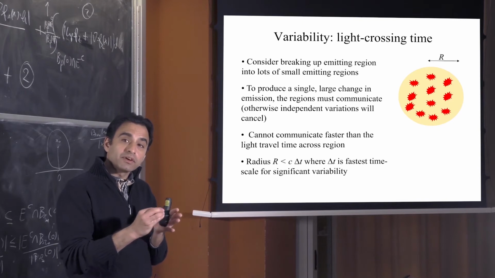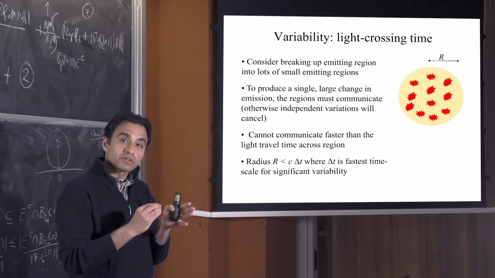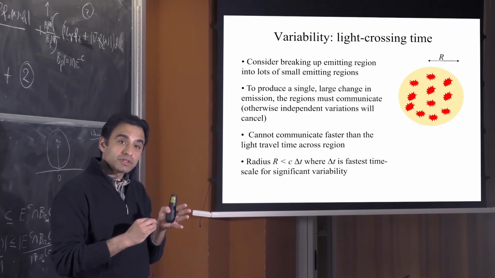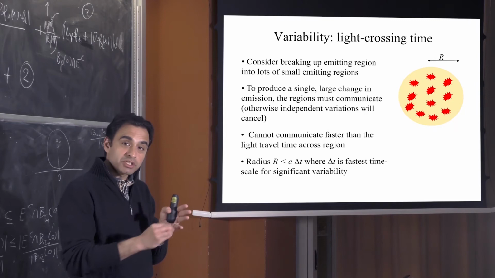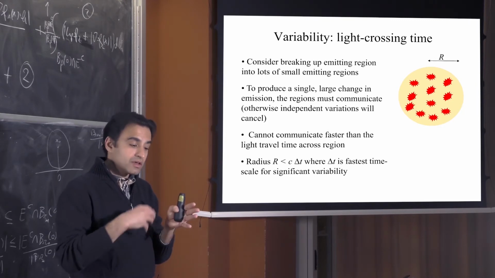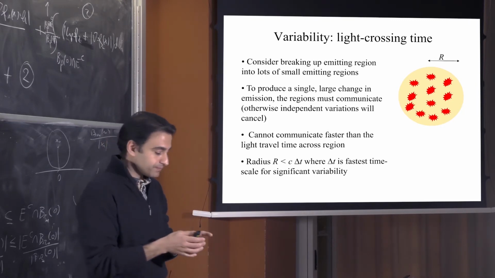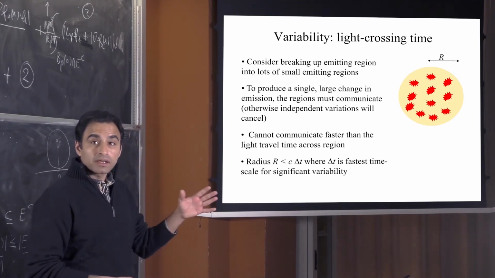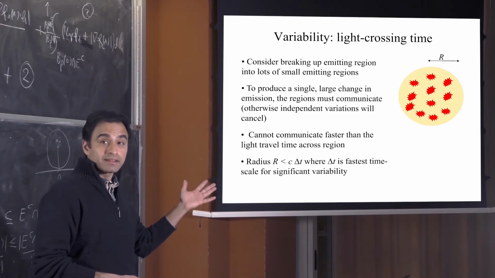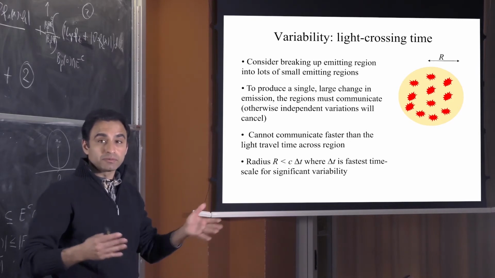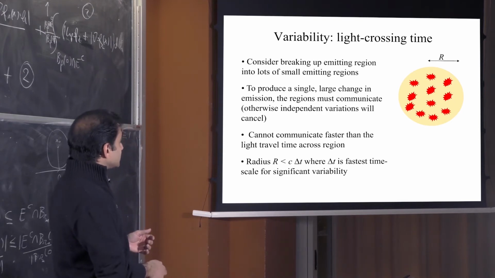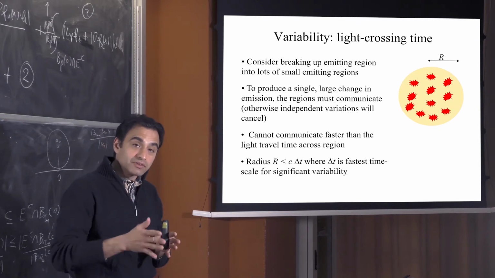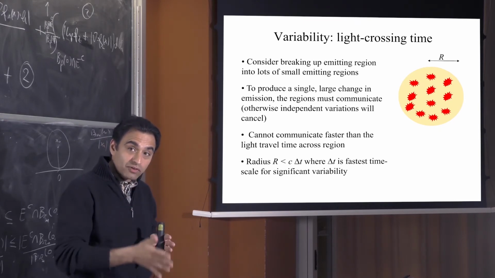But in order to have coherent variation in each part of the source, that means that information has been shared within each part of the source. So information is, in this case, light. Light travels at the speed of light, which is c. So what that means is that the variation delta t is the variation of your flux within that time scale of variation of your flux.